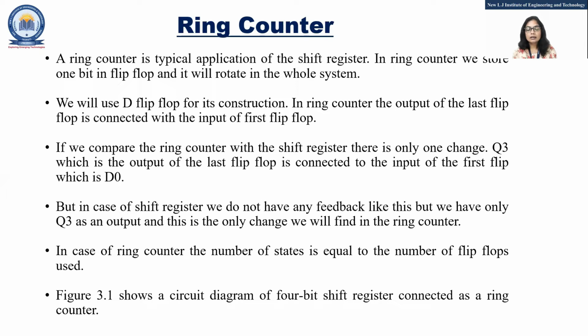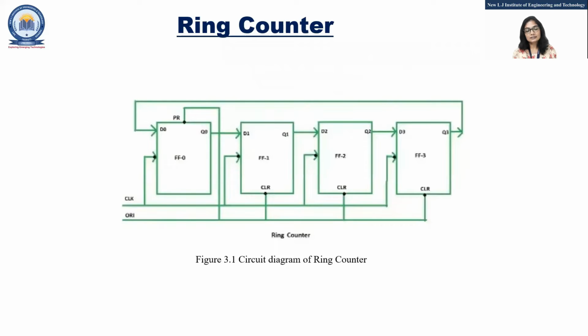So you have to recollect the circuit of shift register. What is the function of shift register? You can see here, this is a circuit diagram of ring counter, but you can see here we are using shift register. So serial in, serial out, that we have already discussed in previous video.